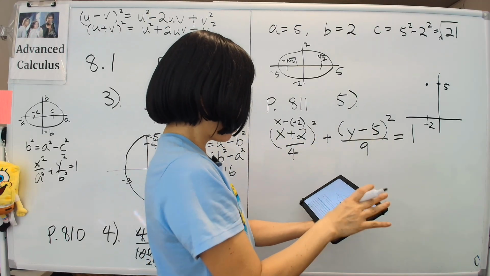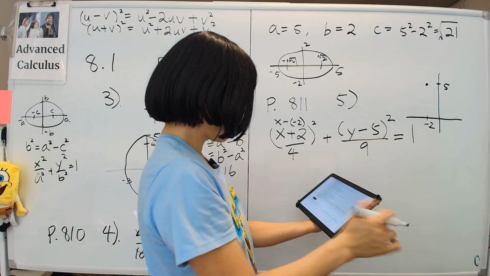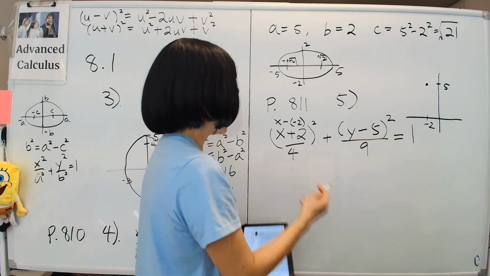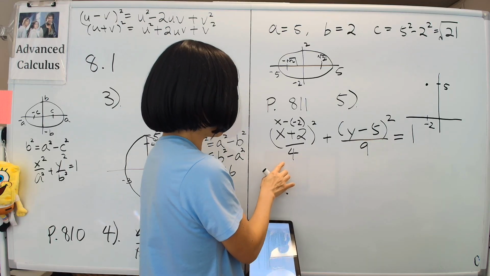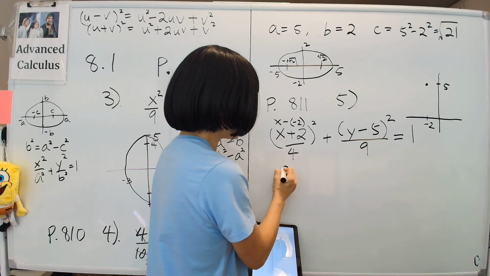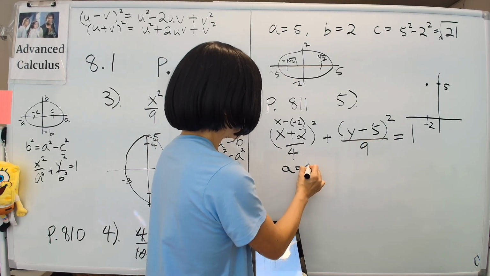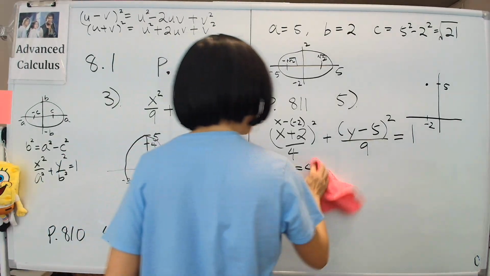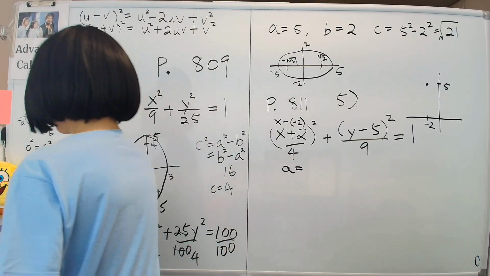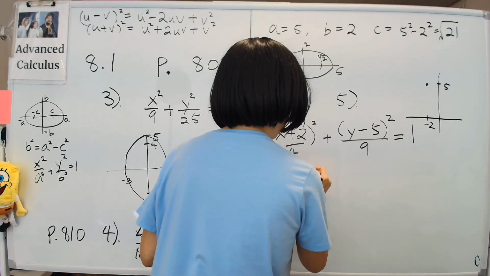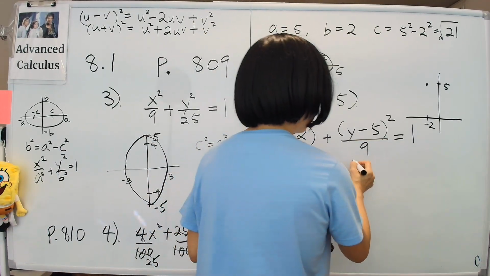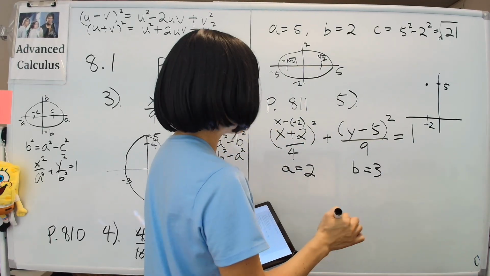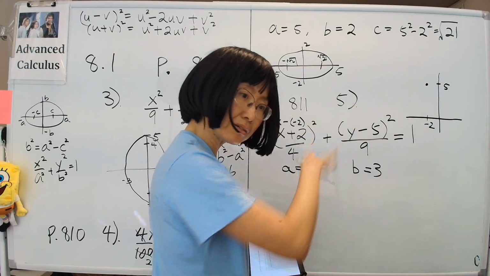All right, so knowing that, we're going to graph this thing. Not everything else stays the same, however. For example, a equals 2, the square root of 4. And then b is equal to 3 because that's the square root of this thing, which means this is a vertical ellipse again.